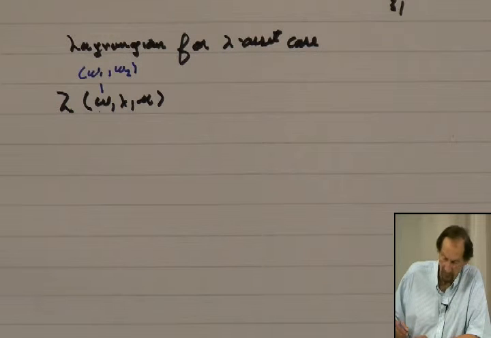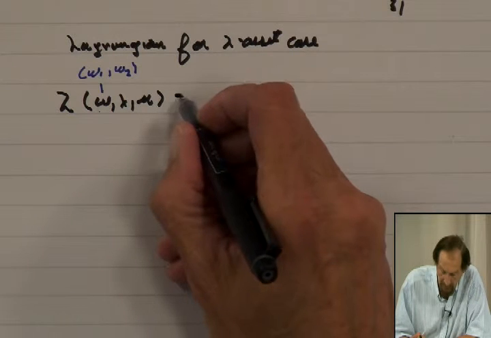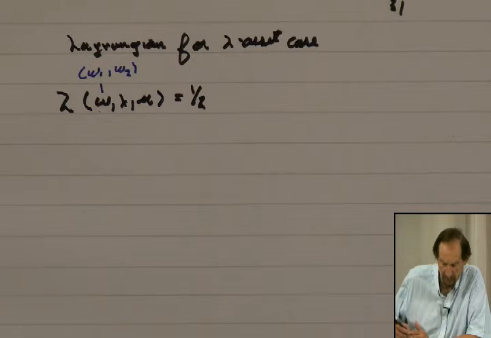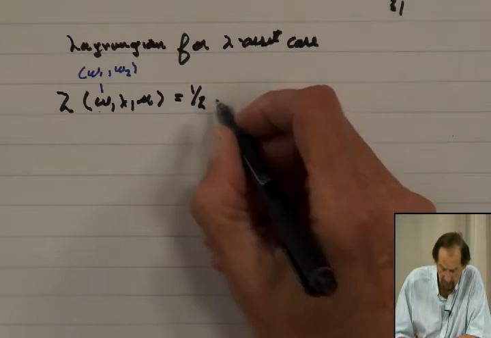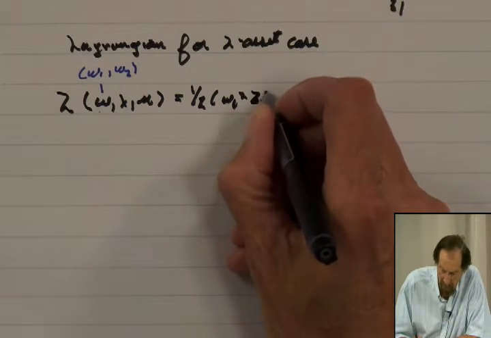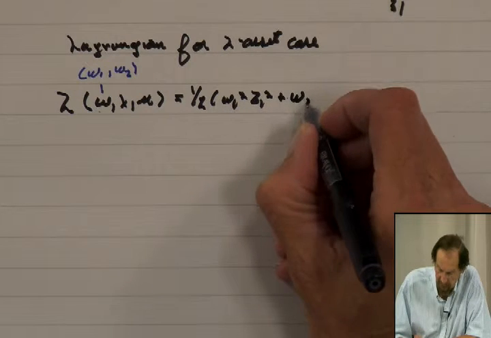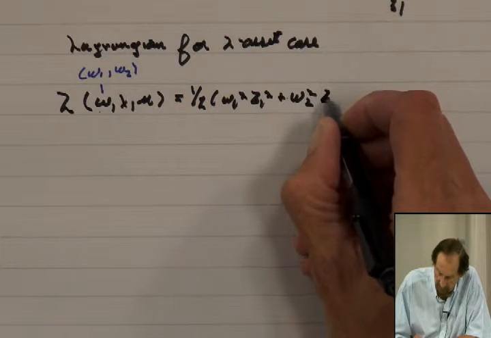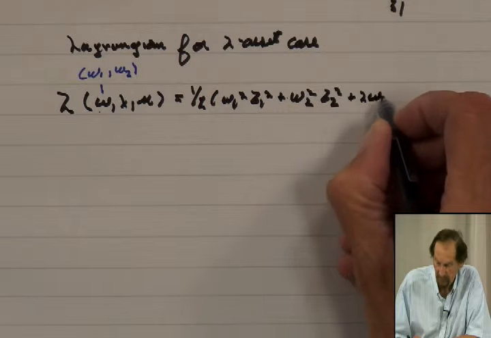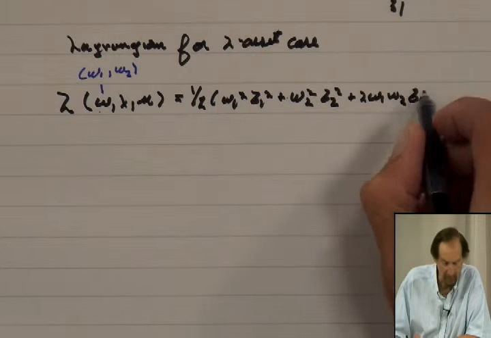So there are two variables there, so we have four variables here. Equals 1/2, and this 1/2 is just to make our life a little simple with the algebra, W1 squared sigma 1 squared plus W2 squared sigma 2 squared plus 2 W1 W2 sigma 1 2.